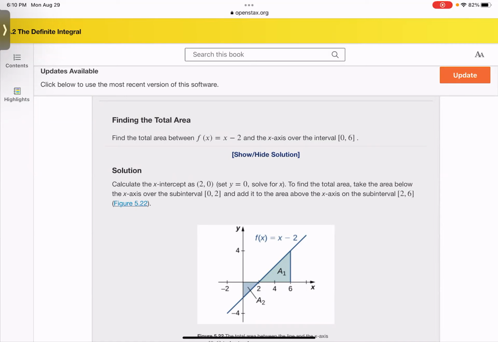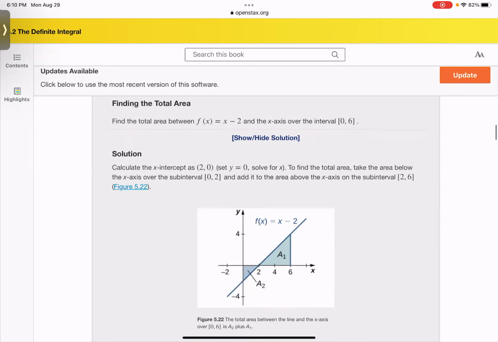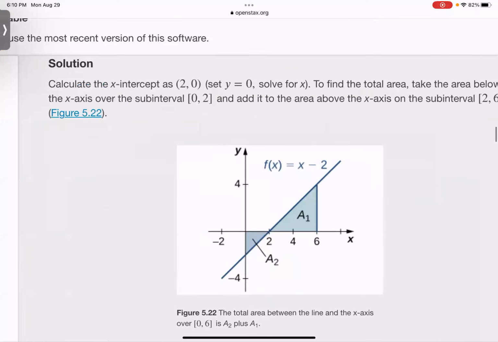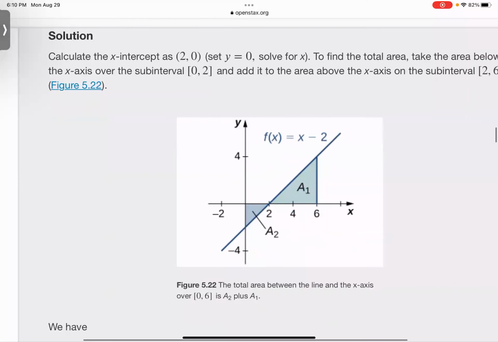So you could find the total area without drawing a graph, but I think it's very important to see the graph because as you can see, since it goes to negative 2, there is an area that's below the x-axis, which means that the area is going to be negative.